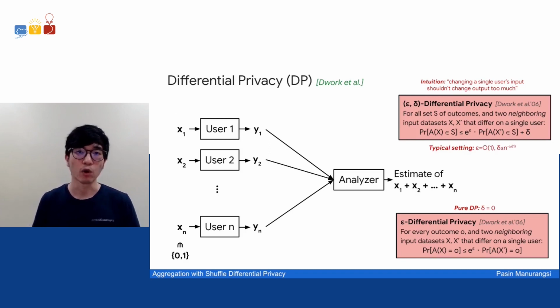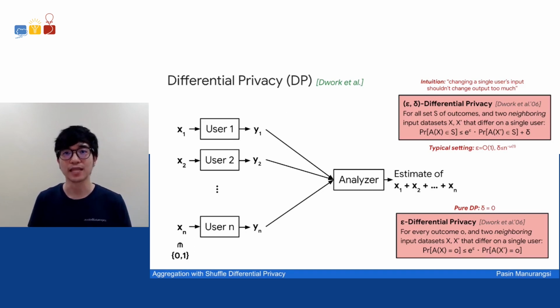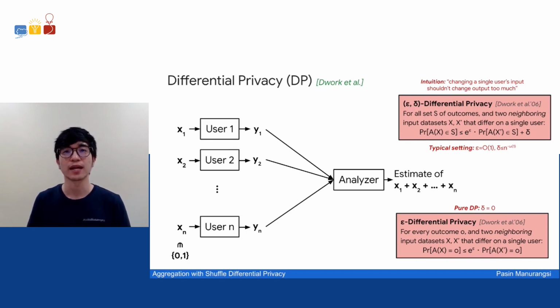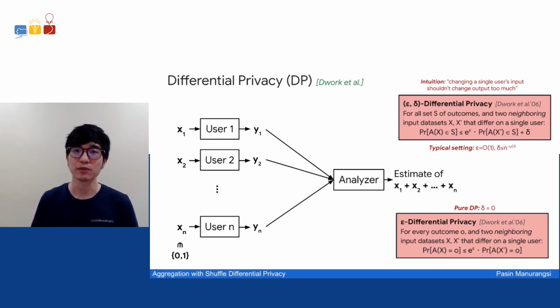For every outcome O, you just want the probability that your algorithm outputs this outcome on input x to be at most e to the epsilon times the same probability on input x prime. In other words, changing a single user shouldn't change the probability of outputting any single outcome by more than an e to the epsilon factor multiplicatively.